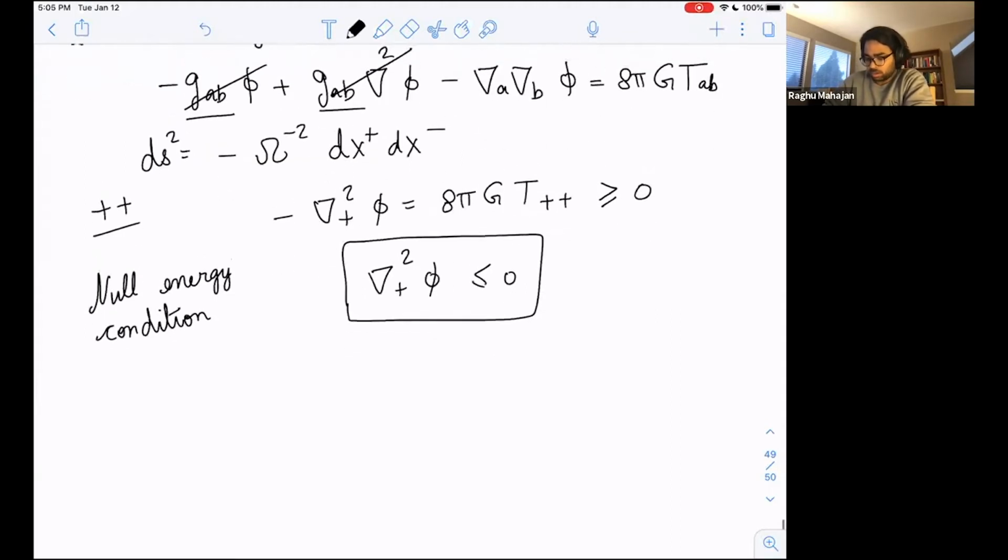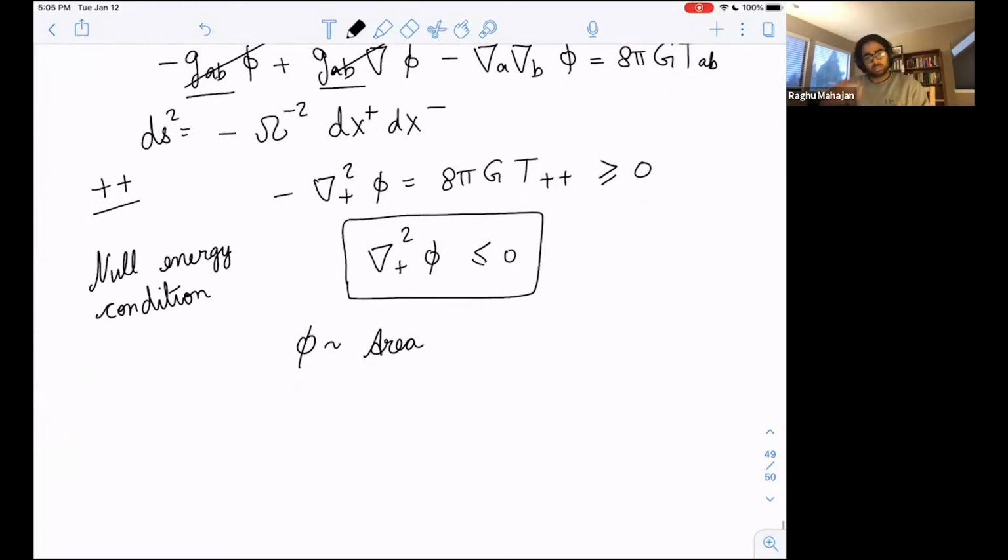Remember that phi in this theory was a substitute for area. This is the basis for proving the area increase theorem that Hawking proved, and so on and so forth. In higher dimensions, you would have that del_plus squared of some area is negative, but this is the form of the equation. So we can call this the classical focusing equation.